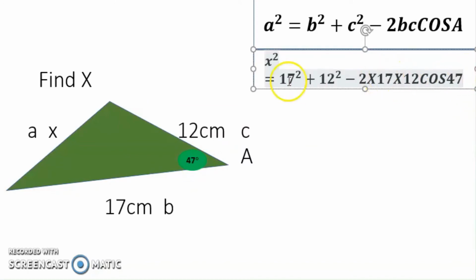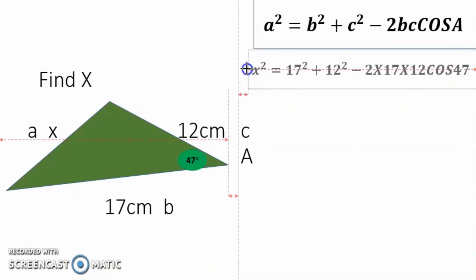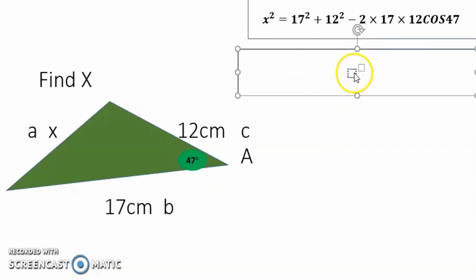So this is what we have: x squared is equal to 17 squared plus 12 squared minus 2 times 17 times 12 cos 47 degrees. Now let's simplify this further.